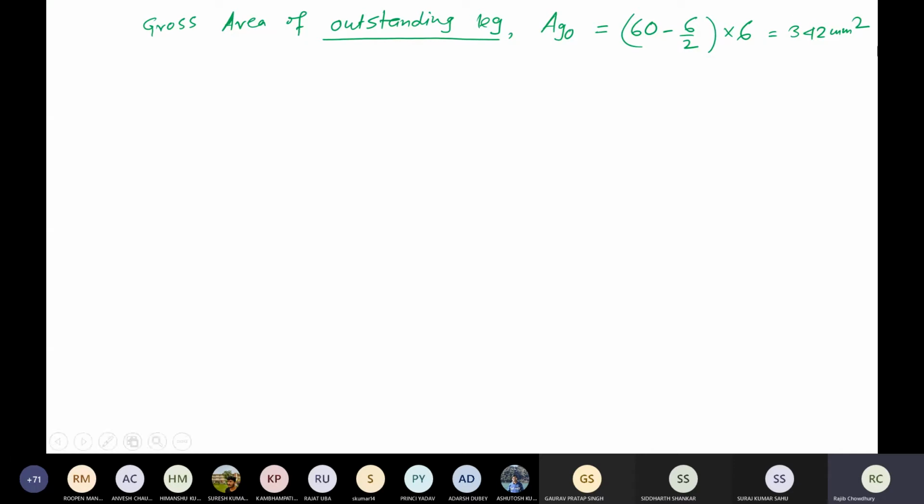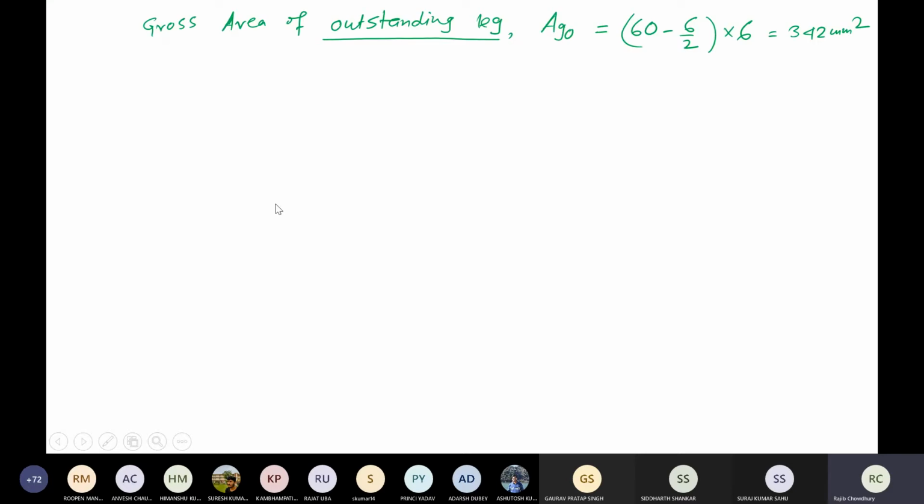Now what are the other components available to us? The other component available to us is BS, the shear lag width, because we have already calculated it. S is equal to 104 mm, which has already been evaluated.